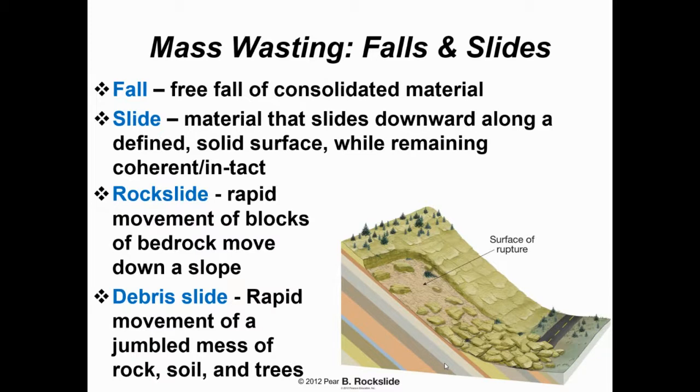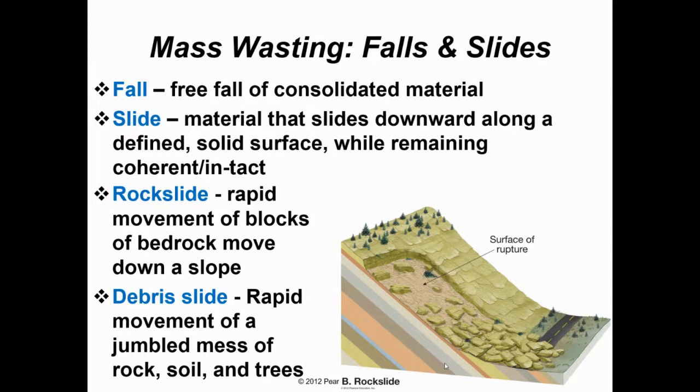So falls in general are typically big chunks of rock, like mountainous material, where you're in the mountains and you see a huge boulder just fall off the cliff, just detach itself from its adjacent rock. That's what a fall is. So it's a free fall of something consolidated, something that's a solid.